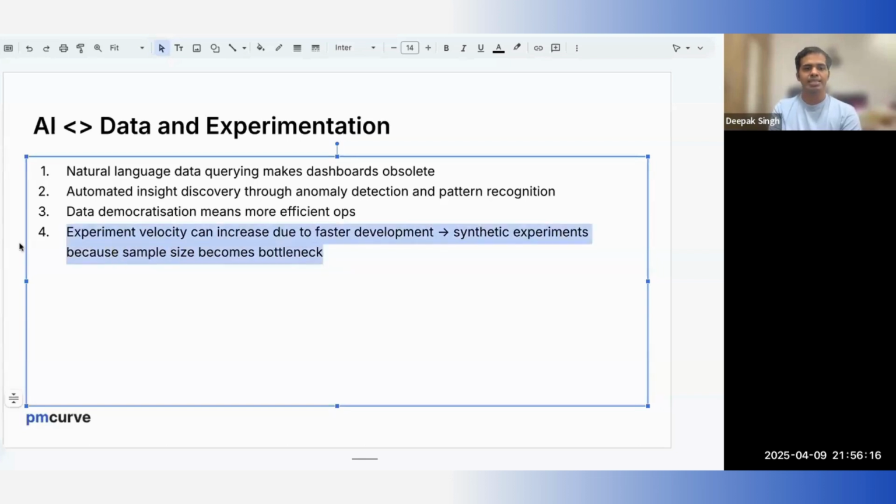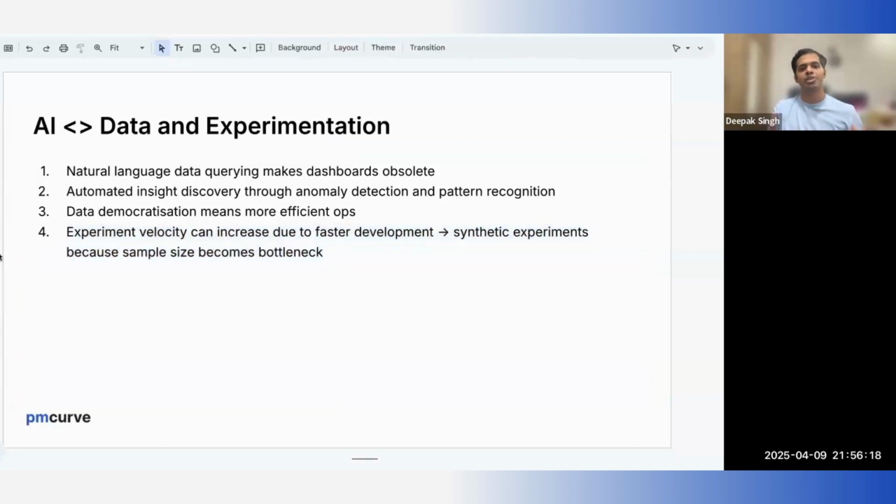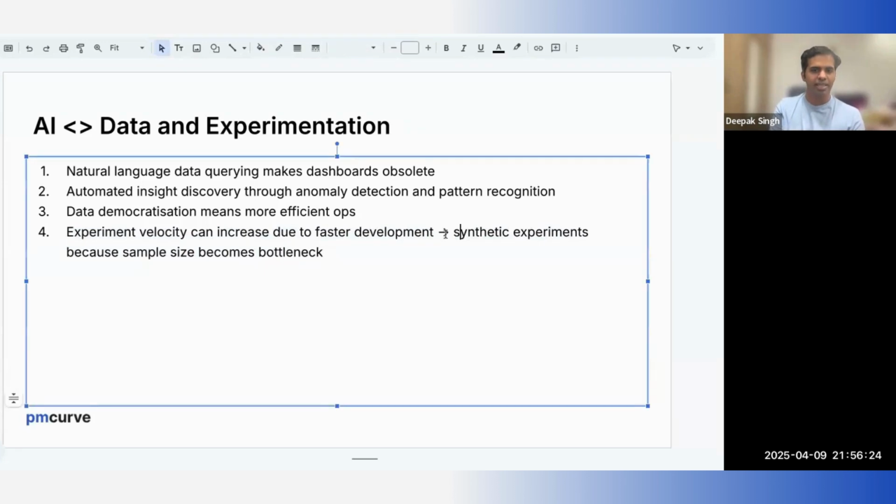And the last thing is your experimentation velocity increases a lot because there is faster development. And this is just a long shot, I would say, but I definitely see that when you can ship more than features you can test, because you have a limited population and you need a particular sample size to get to the A/B test p-value and significance, what will happen is there will be an intermediate layer which will perform synthetic experiments.